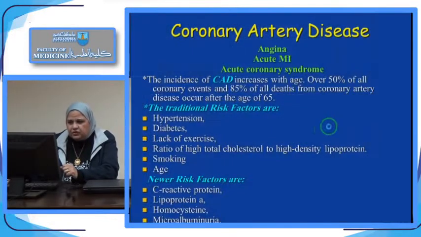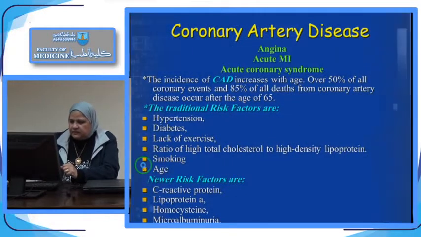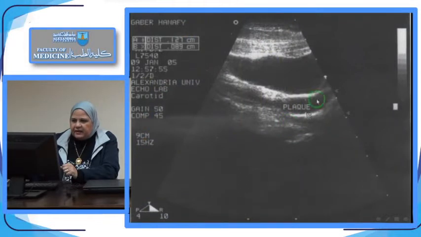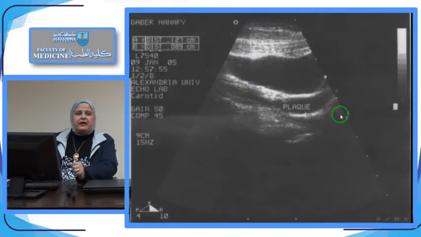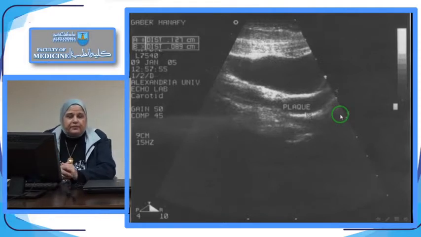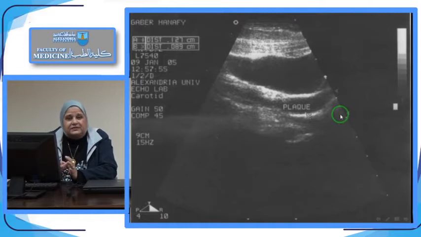This is the picture of a plaque, as we see, the plaque in the carotid artery. Plaque score measurement and intima media thickness, IMT, measurement are considered a good diagnostic modality and a non-invasive technique in diagnosis.